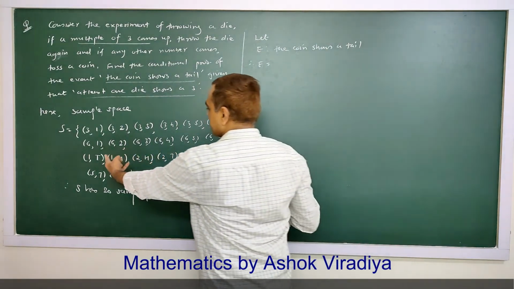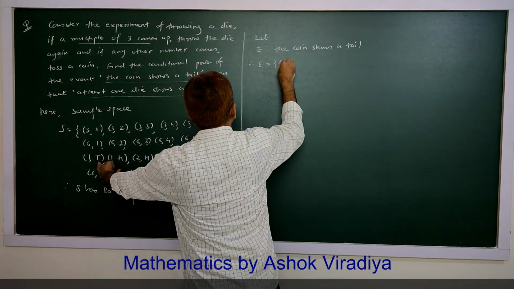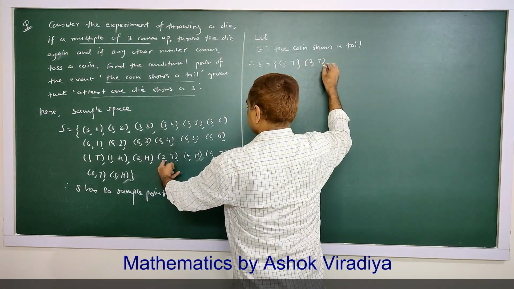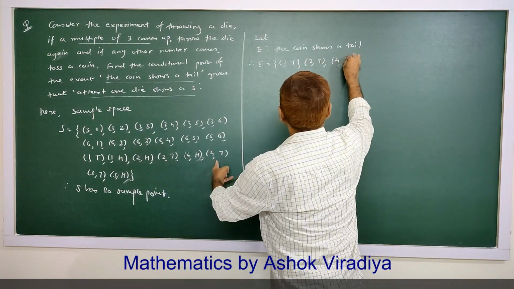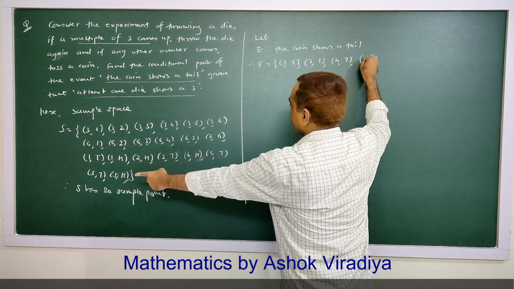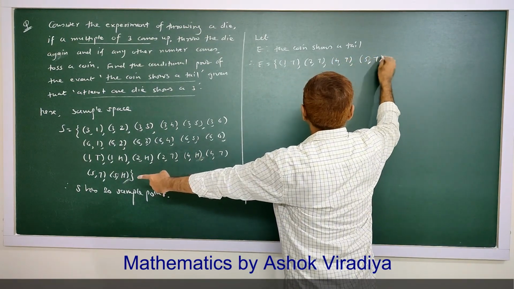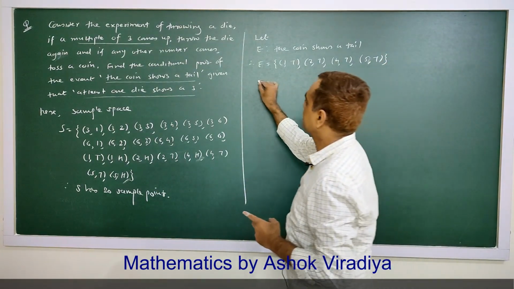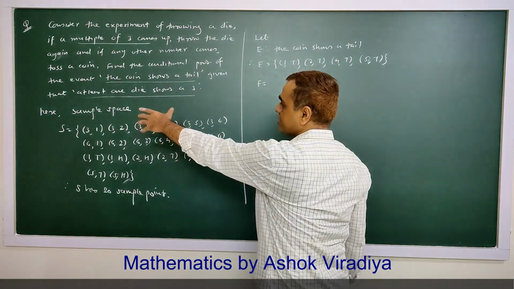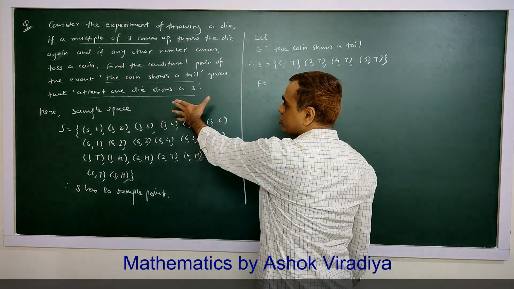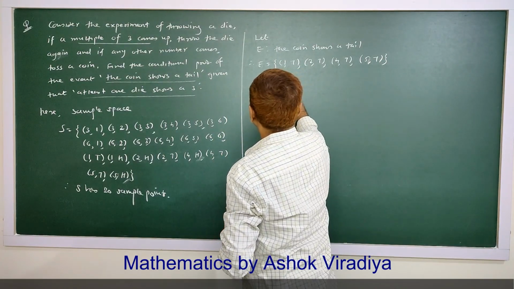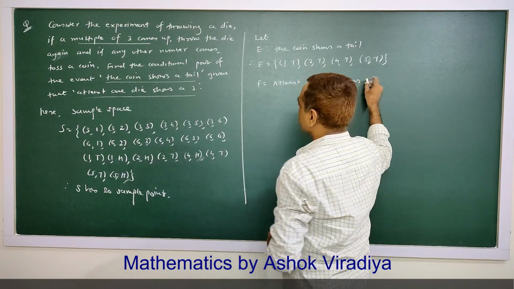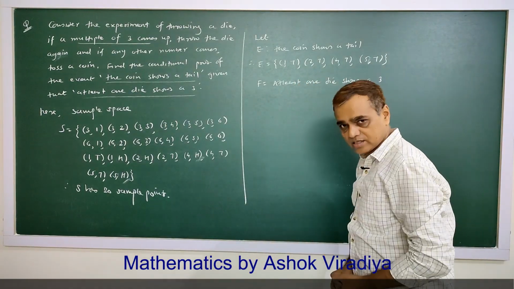That means 1t, 2t, 4t, 5t. Given that is for condition, let F be the event that at least one die shows a 3.